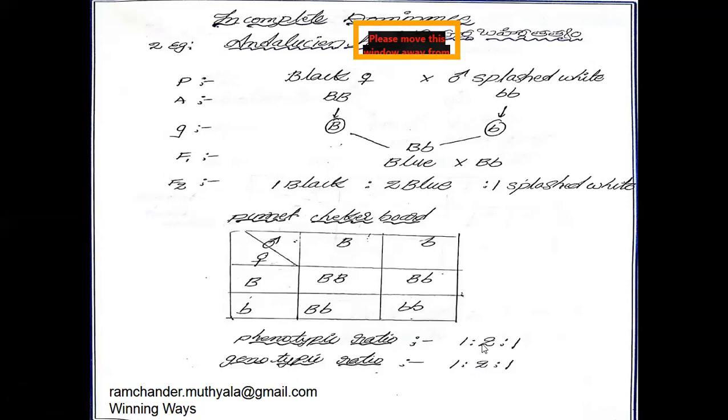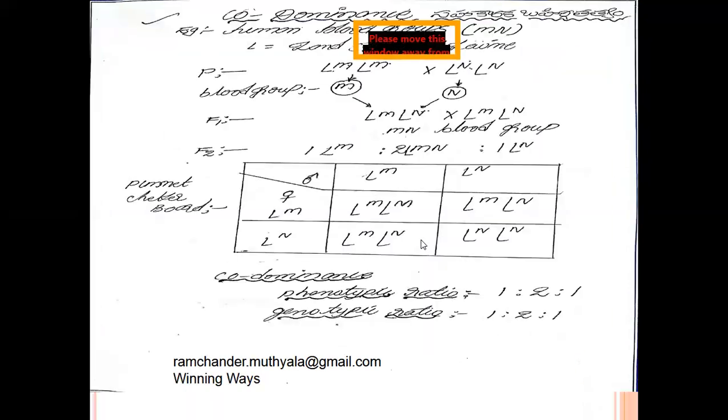The phenotypic ratio is 1:2:1 and the genotypic ratio is also 1:2:1. Here 1 belongs to black plumage, 2 belongs to blue plumage, and 1 belongs to splashed white plumage of Andalusian fowl. This is another example of incomplete dominance.